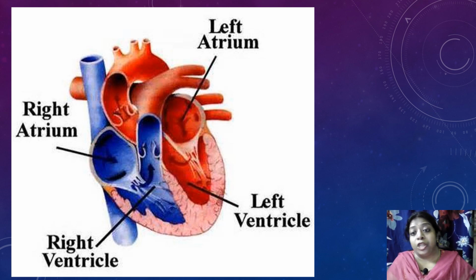The left atrium receives the pure, oxygenated blood from the veins. From which veins? From the pulmonary veins. It pumps the blood into the left ventricle. Again, this left ventricle pumps the blood throughout the rest of the body.